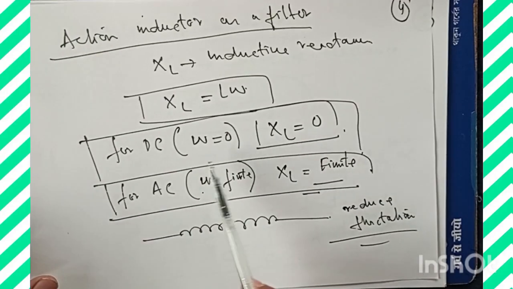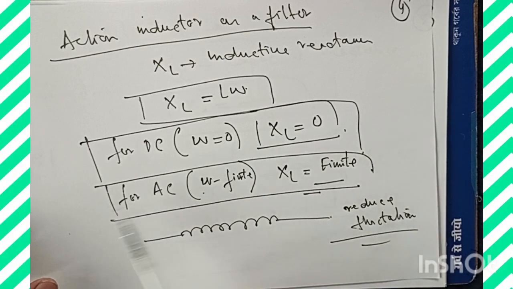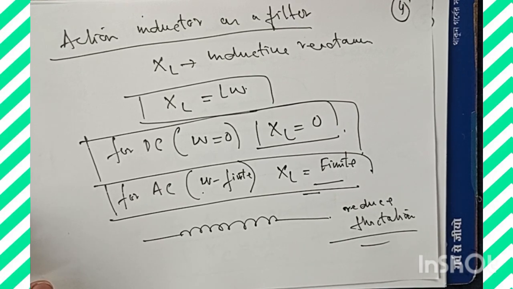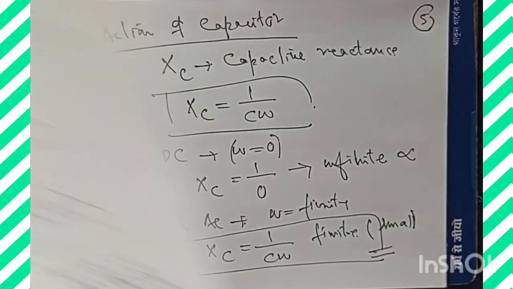That means they don't offer any opposition to DC. So DC can easily pass through these inductors, and for alternating current, these inductors will act as blocks. They will oppose the flow of AC components that are present in the signal.